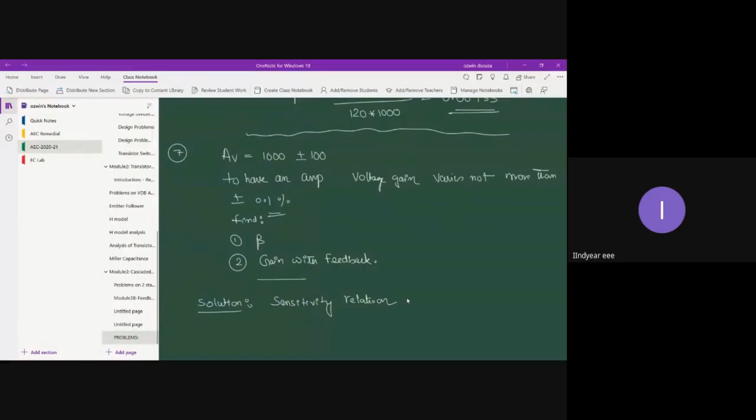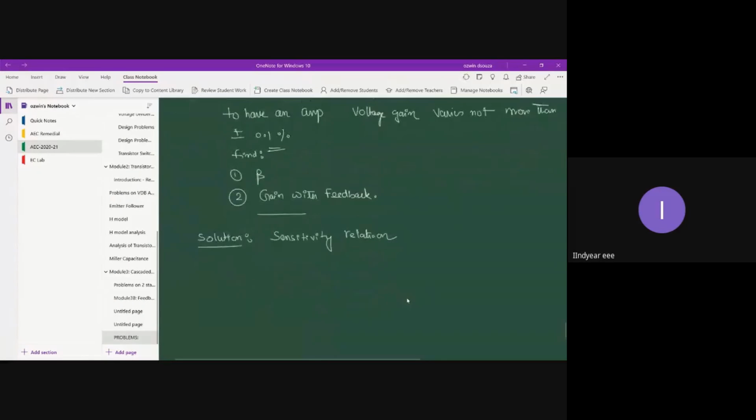Other day we talked about the desensitivity factor, right? So that relation we need to take into consideration. So desensitivity factor can be brought into picture by taking this ratio: delta AF by AF is equal to 1 divided by 1 plus beta A into dA by A.